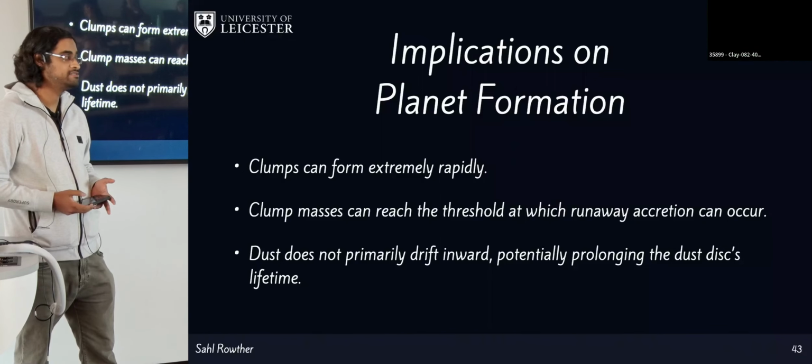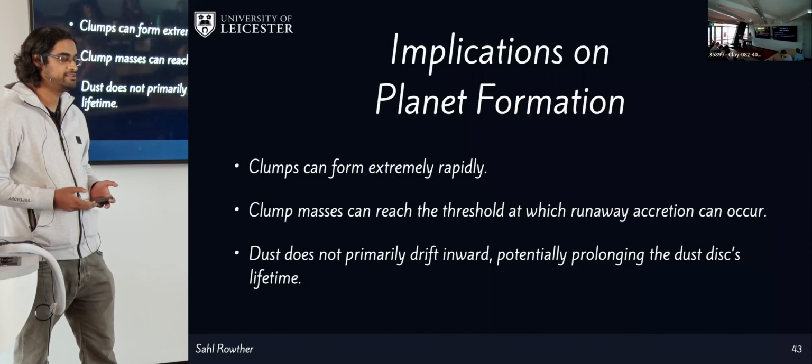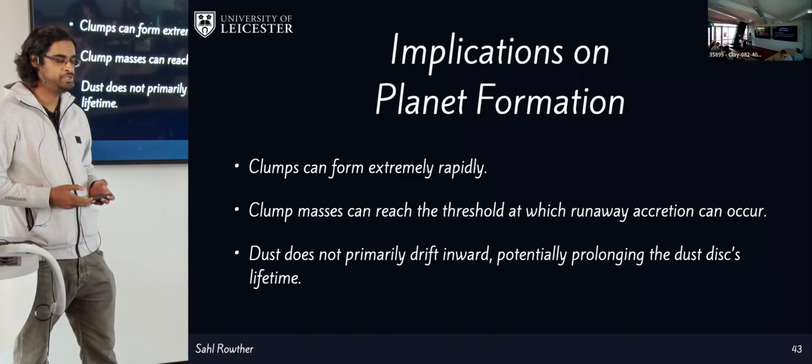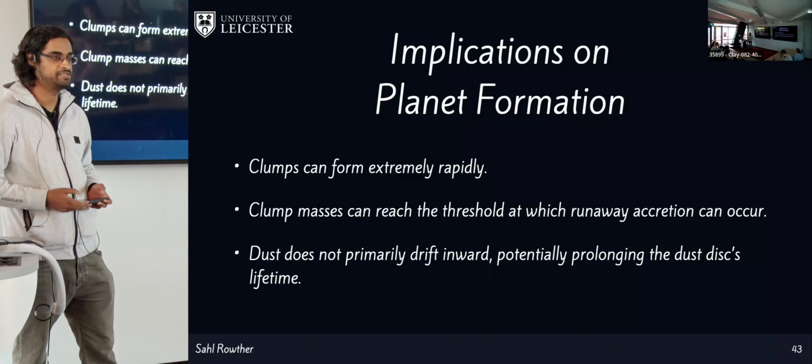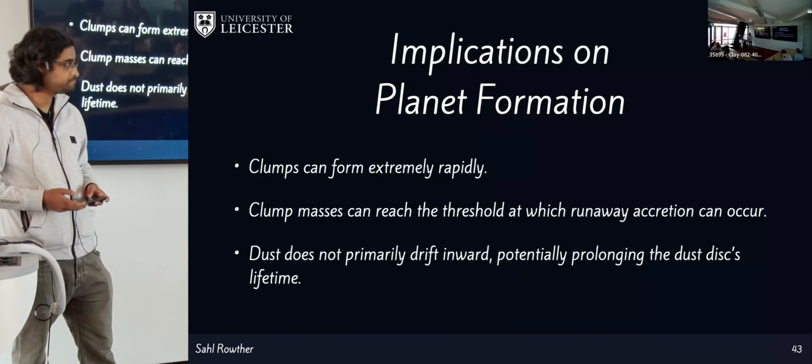And finally, the dust, due to the presence of gravitational instabilities, does not drift primarily inwards, so it could prolong the disk lifetime, giving planet formation much longer to occur.